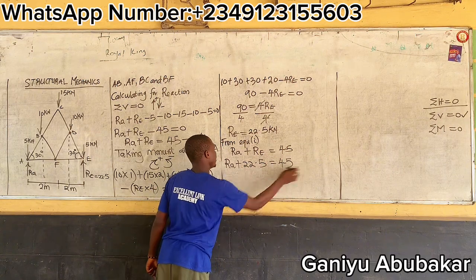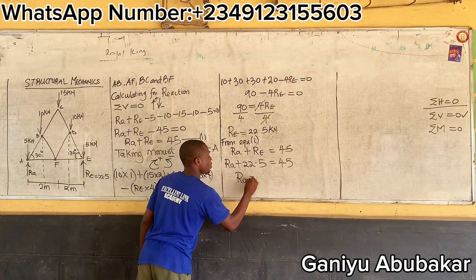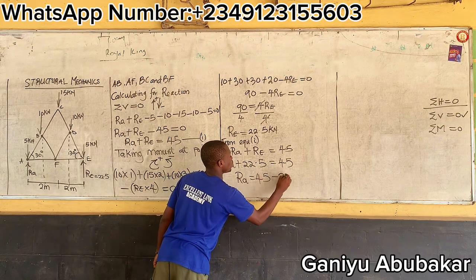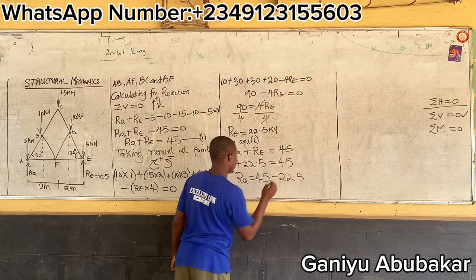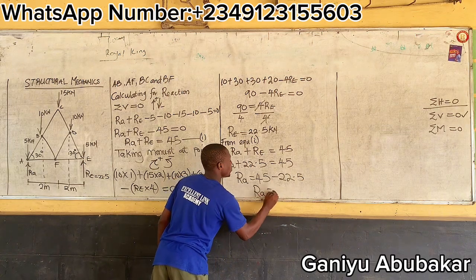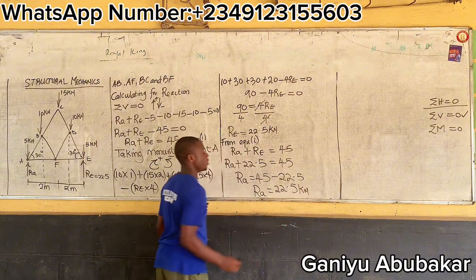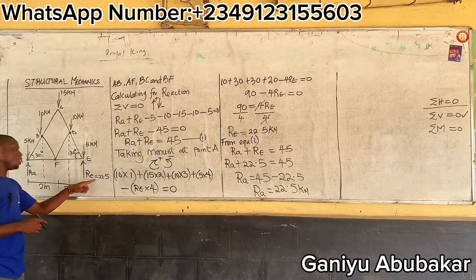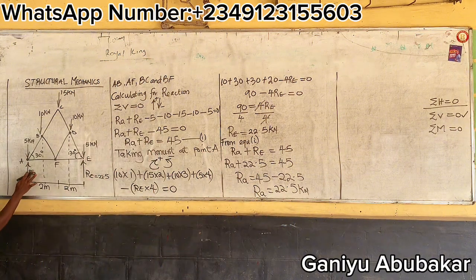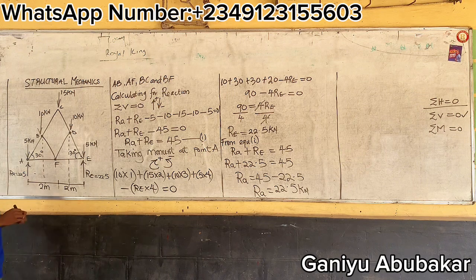Take this over. RA is 45 minus 22.5. Of course, RA is 22.5 kilonewtons. So my RE is 22.5, and RA is 22.5.